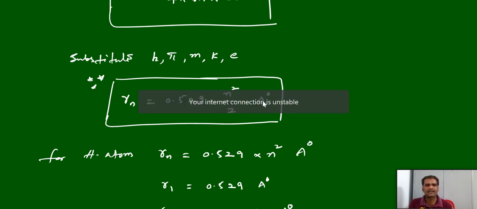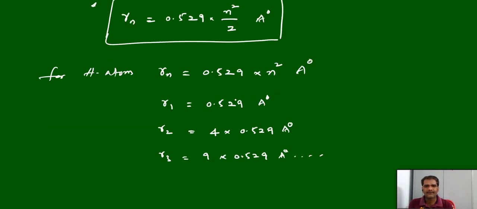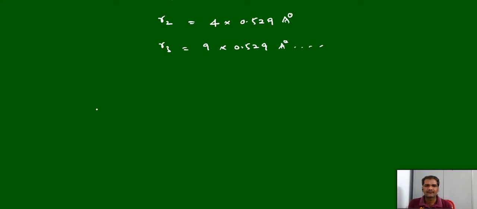Generally, as the shell increases, so the orbit number increases, you can see the radius value increases. But if the atomic number increases, the radius value decreases. From this we can write one general relation.